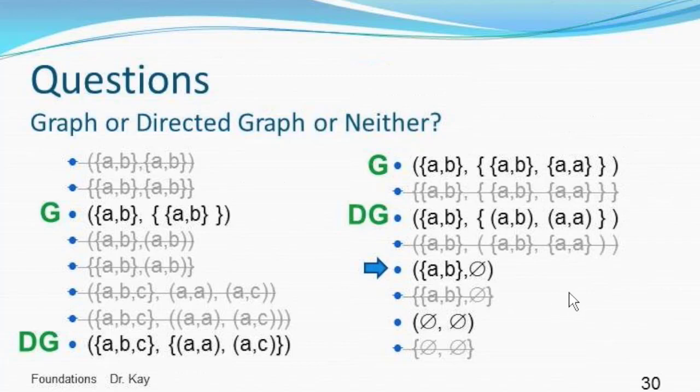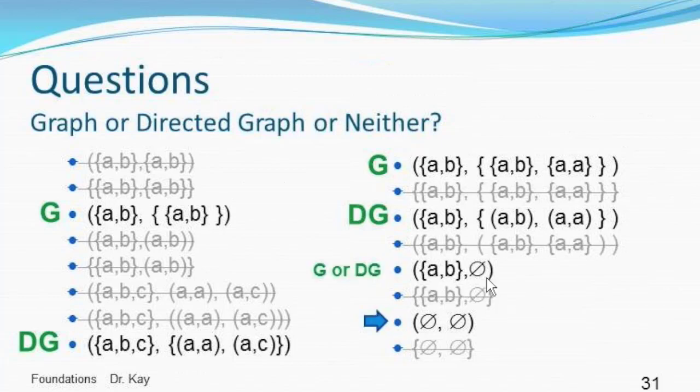That's a directed graph. This is interesting. We have a pair. Is it a pair of two sets? You bet, because the empty set is a set and there's a set of vertices. Is it okay to have the empty set here? Absolutely. This is just a graph that has no edges, so that's good.